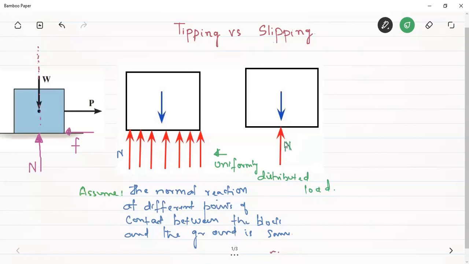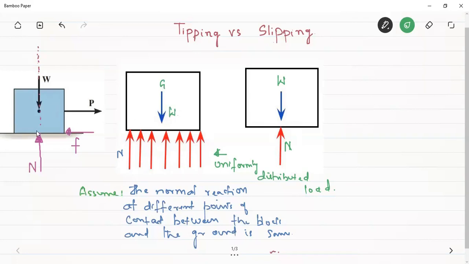Hence we show this as the normal reaction, and its point of application will lie at the centroid. If this is the weight W, the normal reaction will be at the centroid of this loading, and obviously it will pass through the center of gravity. This is what we assume while showing the normal reaction on a block.